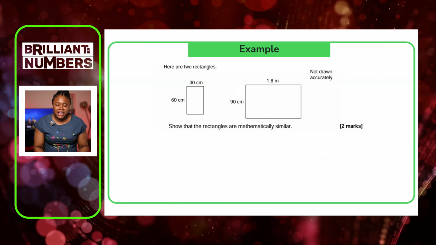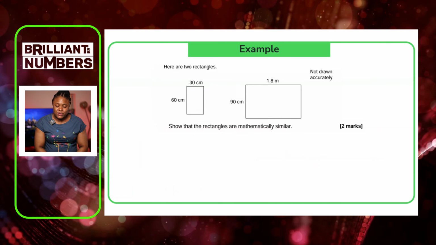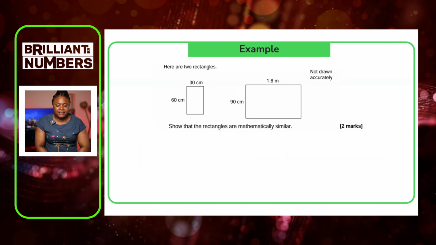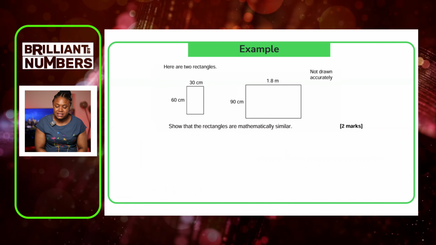Amazing. Okay, so this time we're going to go to an example where we are asked to show that these rectangles are mathematically similar. Remember, if shapes are similar, then the scale factors of the corresponding sides have to be the same, because each corresponding side must be enlarged by the same scale factor.